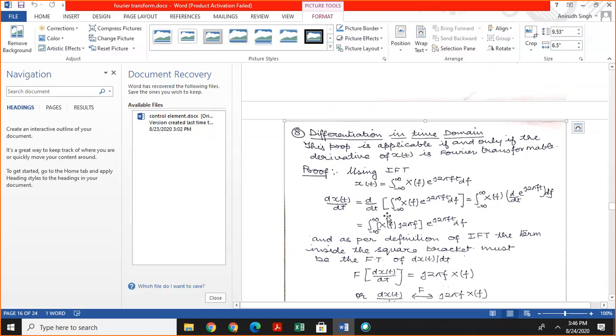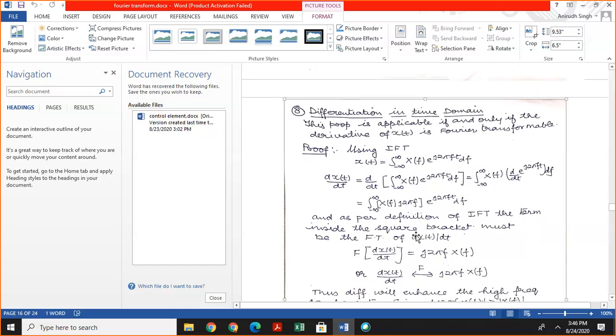Differentiating this quantity with respect to time, we get x of f multiplied by j 2 pi f exponential j 2 pi f t df.